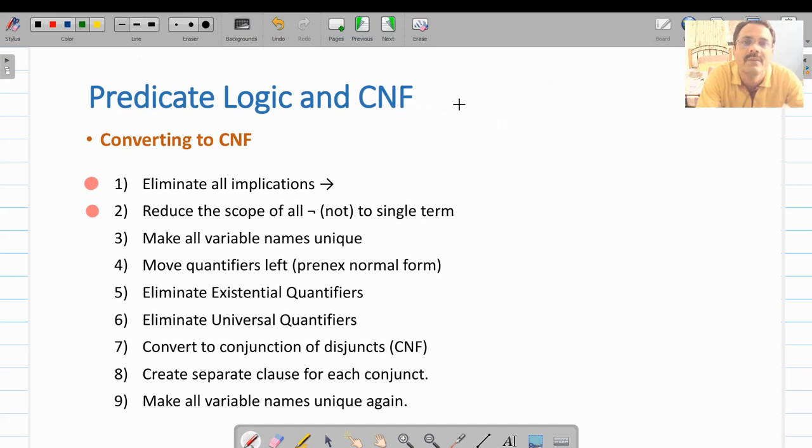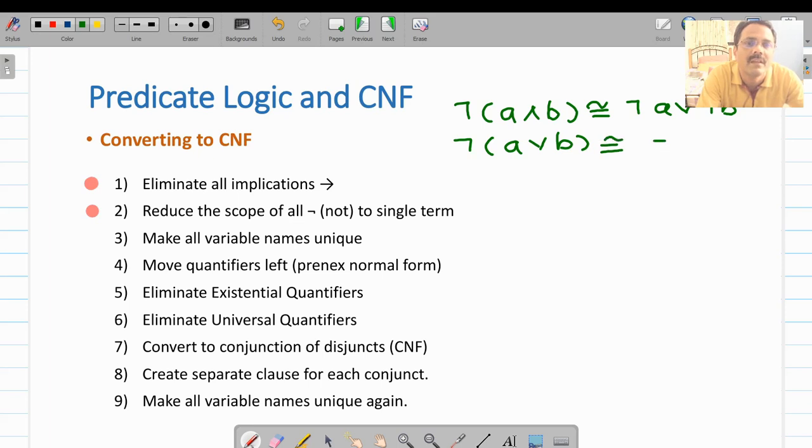If you have not of A and B, by De Morgan's law this is equivalent to not A, this AND will become OR, and the scope of this not will be with the individual predicate. Similarly, not of A or B is equivalent to not A, so OR becomes AND, not B.